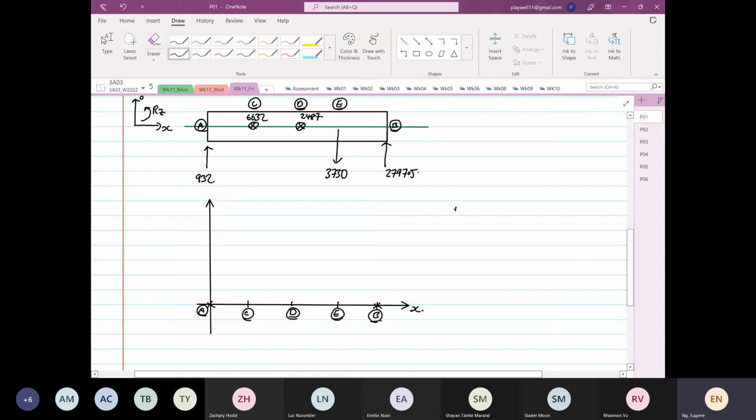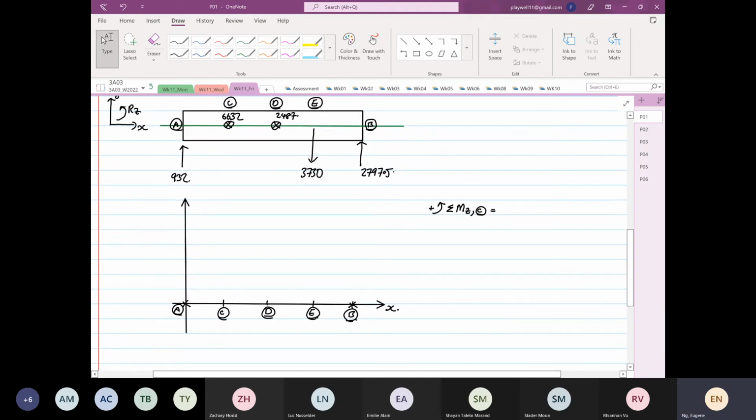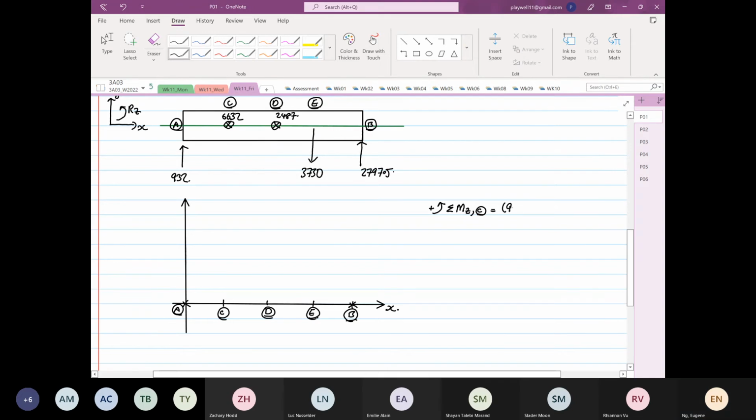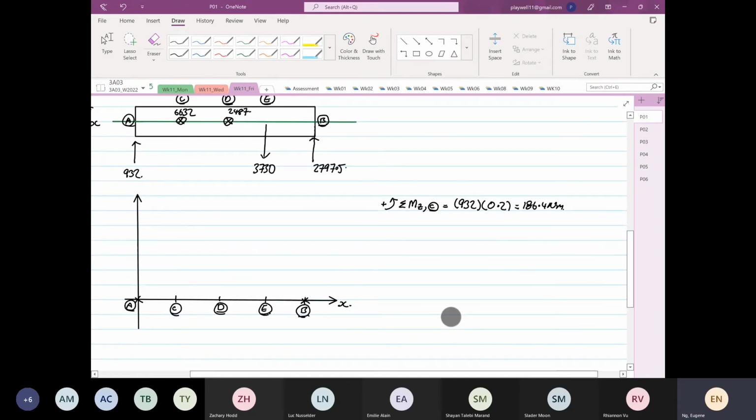I'm going to take anything that goes anti-clockwise as positive. So I can take the 932, multiplied by 0.2. The moment is equal to 186.4.